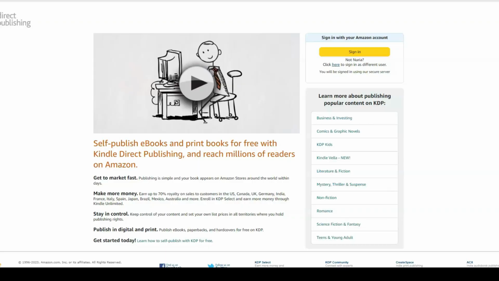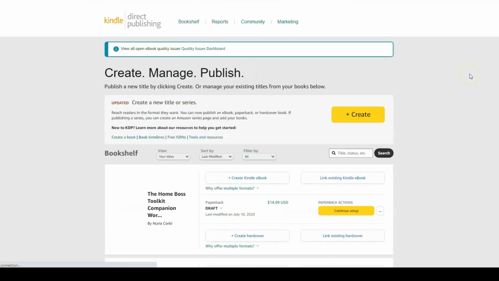First of all, we have to sign into our KDP account. I showed you how to open a KDP account in a previous lesson. So we sign in first, and then once you've signed in, you get this page here. Because this is probably going to be your first book, there will be no books here, and because I've already made lots of books, all my books are listed on this front page.